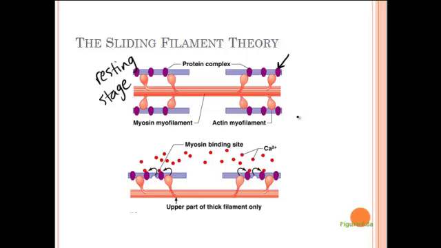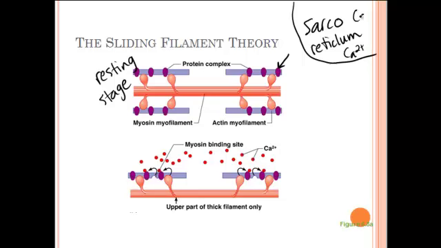Calcium needs to be released in order for these binding sites to be opened up. The calcium is stored in the sarcoplasmic reticulum, and it's found throughout the muscle cell. It's the area of the cell where the calcium ions are all being stored.